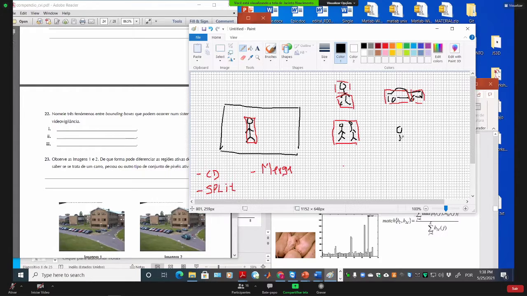So you have a pedestrian, another pedestrian, you have this merge, and here it's possible to have a split merge.